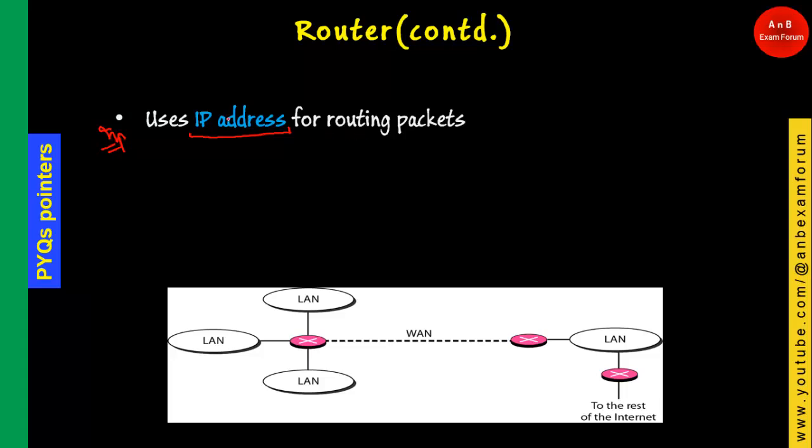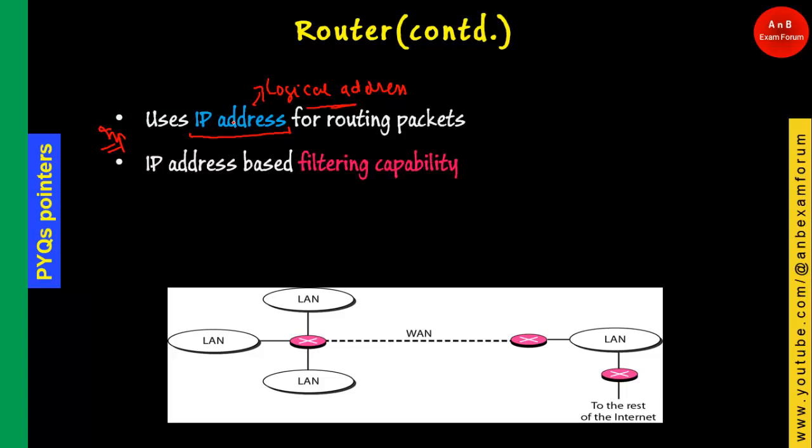That was the physical address; this is known as the logical address. Each device will have a logical address if it wants to communicate with other devices. So a router uses IP address, not physical address.